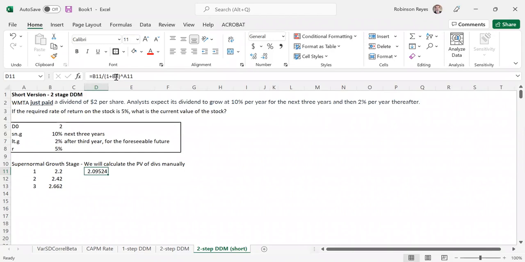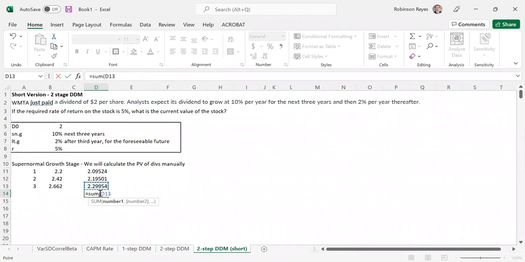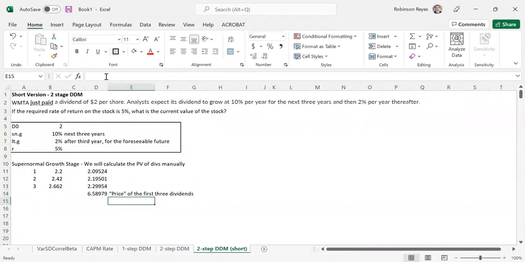Okay, and then if we lock this discount rate here, we can now scroll this down. We can add all of these dividends. And now this is the price of the first three dividends. I'm going to call this price, quote unquote. It's just the present value.